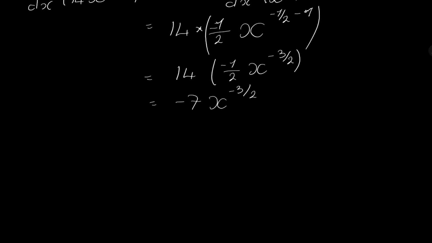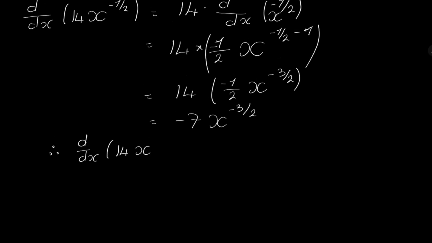So what can we then conclude? We can then conclude that the derivative with respect to x of our function 14x to the negative half is equal to negative 7x to the negative 3 on 2.